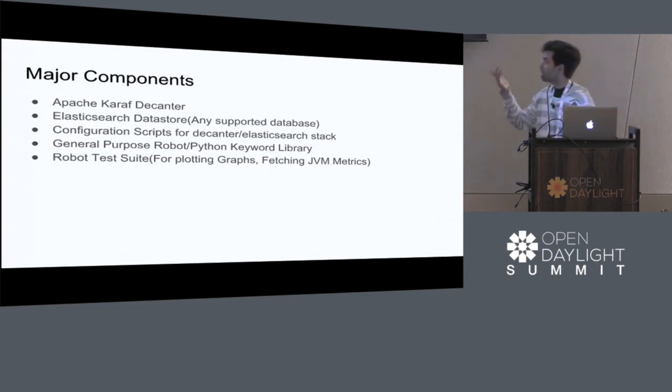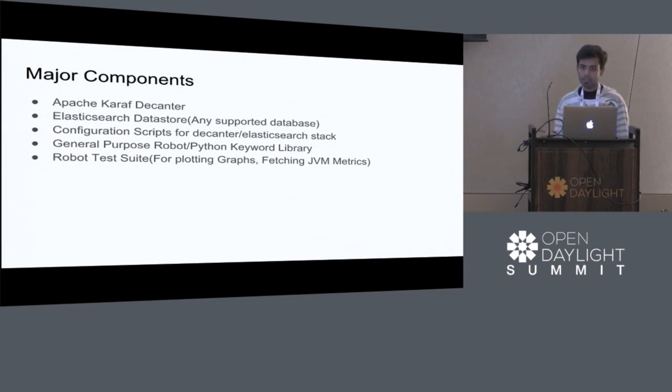Now, why do we use the Elasticsearch data store? The short answer is that it is the one completely supported by the Decanter community. But it could be any other NoSQL solution, because we have objects which we need to dump into some sort of data store. One plus point of the Elasticsearch reverse index is that it supports a very rich set of queries, which is generally not supported by other NoSQL solutions.